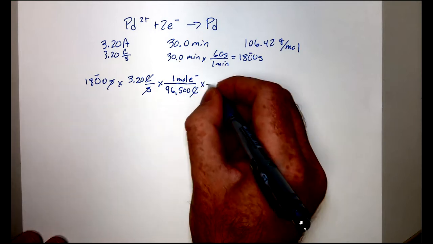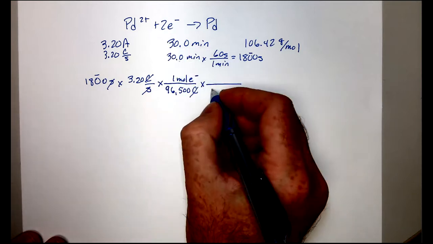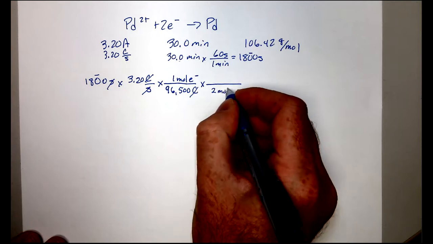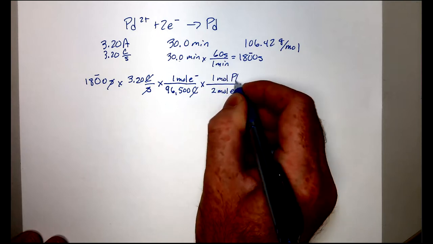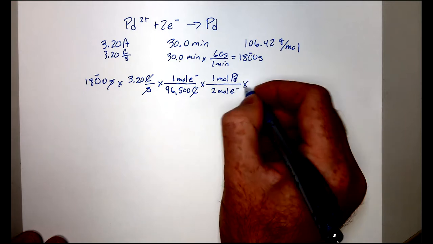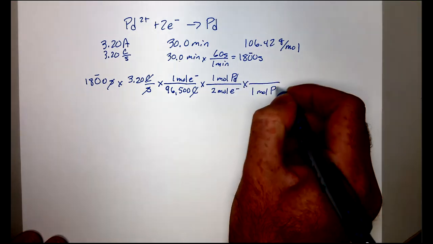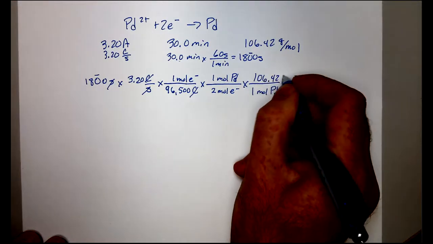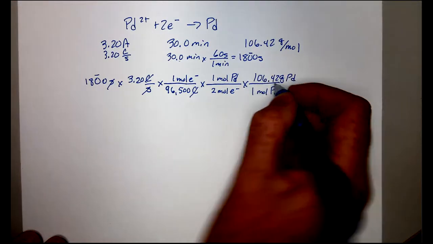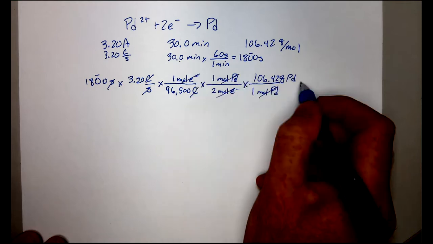Now that I've got that, I can use the reaction. There's a 2 equivalent reduction, so it's 2 moles of electrons per 1 mole of palladium. And now we can work it more like a stoichiometry. Per 1 mole of palladium is 106.42 grams of palladium. So moles of electrons cancel, moles of palladium cancel, we've got grams.